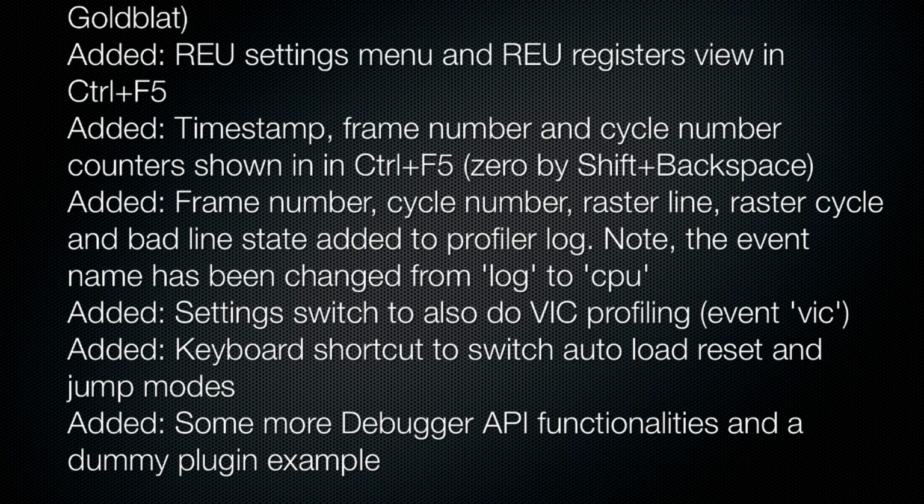First of all, timestamp, frame number, and cycle number counters, and they are shown in this view for all the registers also, and you can zero them with shift backspace. I will show this in a second. I just would like to quickly go through this, so if you know debuggers already, you know what you can expect. And I added a bit more for the profile log.